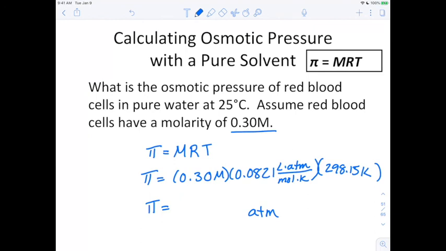Excellent. All right, so it looks like 7.3 is our answer. Any questions on this or anybody getting a different value?